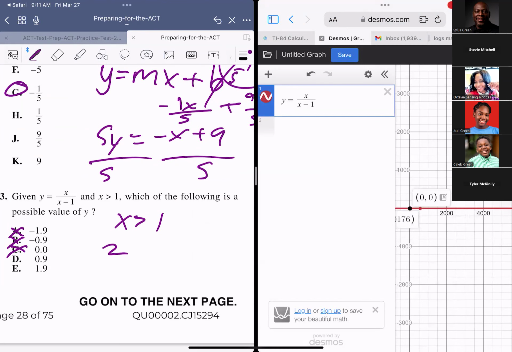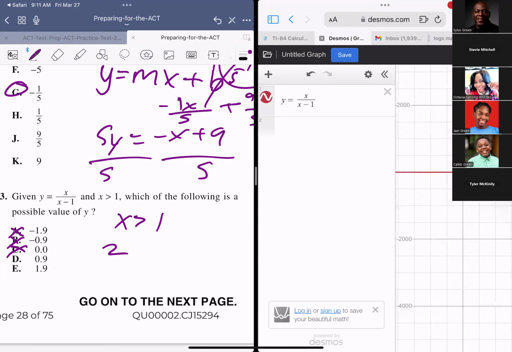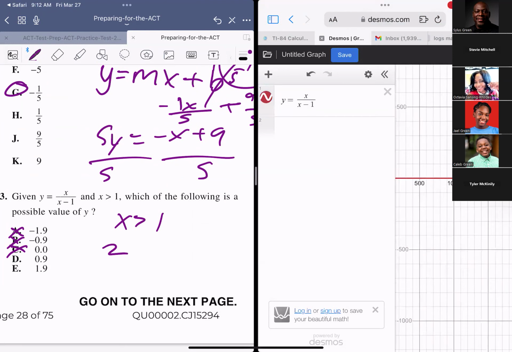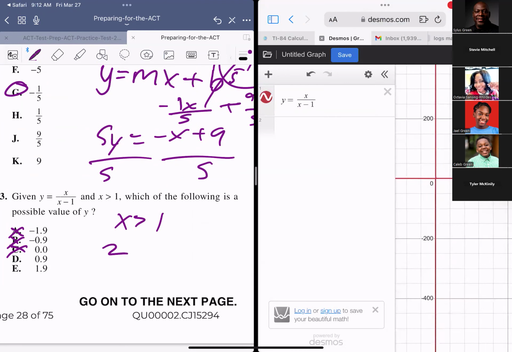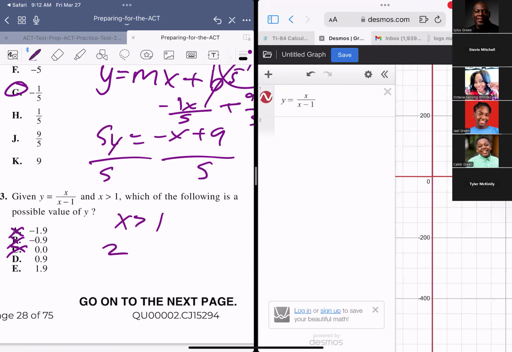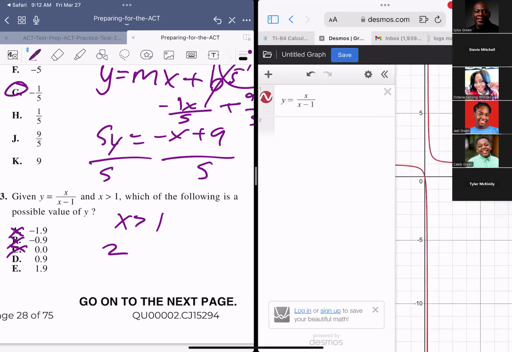Oh, wait, let's see. I don't think Desmos can show it. Do I have to put the underscore for the x or no? I think they won't show you the actual point, but wait, let's see. Oh, you have to zoom in. Okay. Really, I was close.